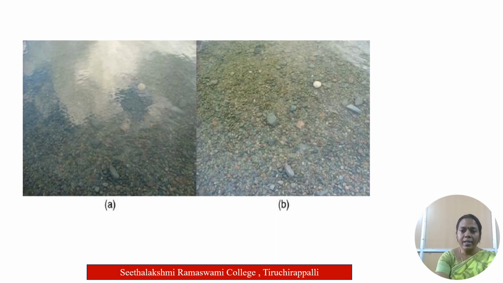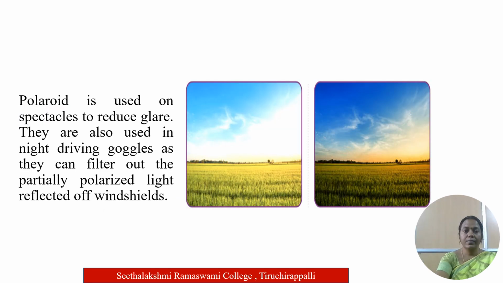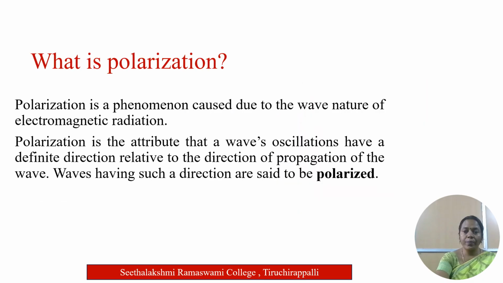So polarizing sunglasses are particularly useful on snow and water surfaces. These Polaroids are used in spectacles to reduce glare. They are also used in night driving goggles, as they can filter out the partially polarized light reflected off windshields.